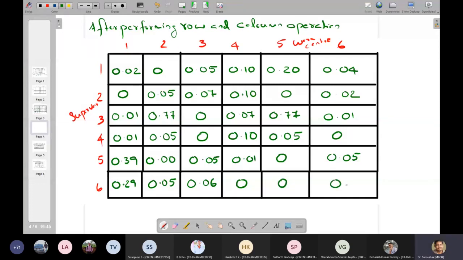So this will be the final value after performing the row and column operation.